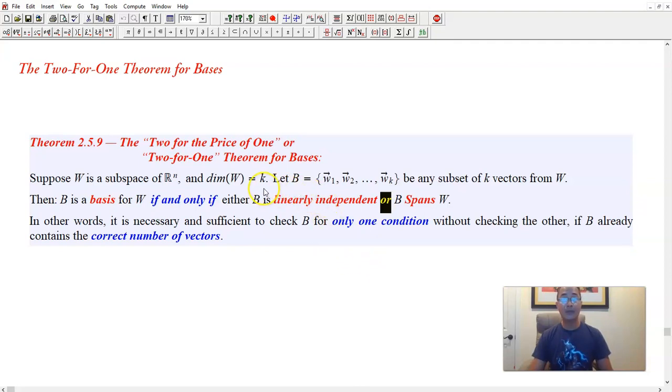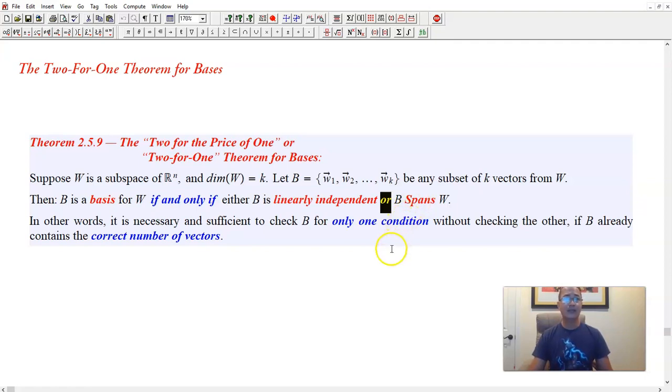If you know the dimension of W is k, and you have k vectors in your hands, all you have to do to check if it's a basis is to check one of the properties that you're supposed to check, not both of them, just one of them.